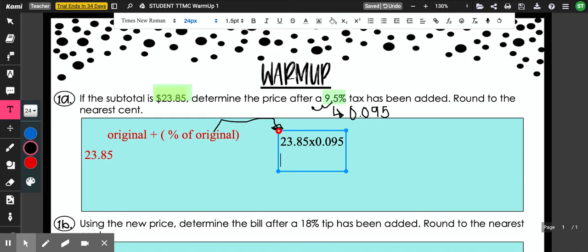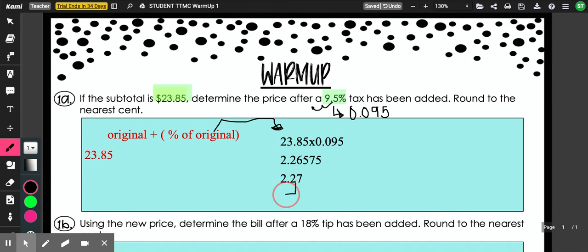And when I use my calculator to do this, 23.85 times 0.095, I get 2.26575, but this is money, so I know that I'm only going to round to the nearest cent. So we will do that at the end. 2.27. So this 2.27 represents my percent of the original price here.